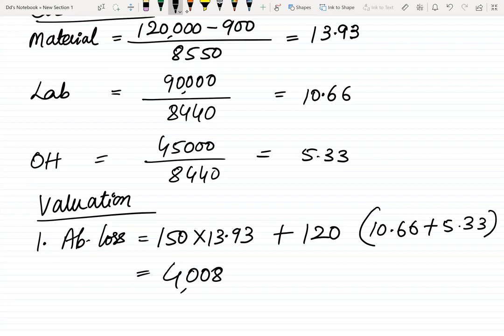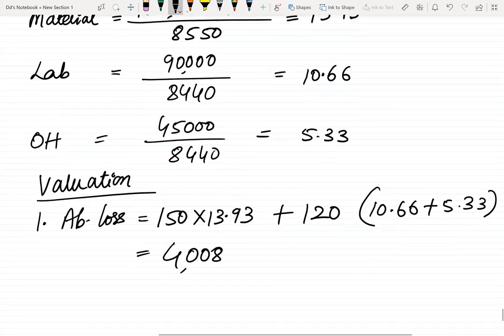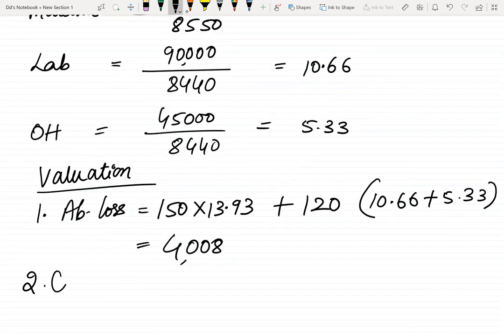That is 4,008 rupees. Let me recheck. Yes, number is correct.